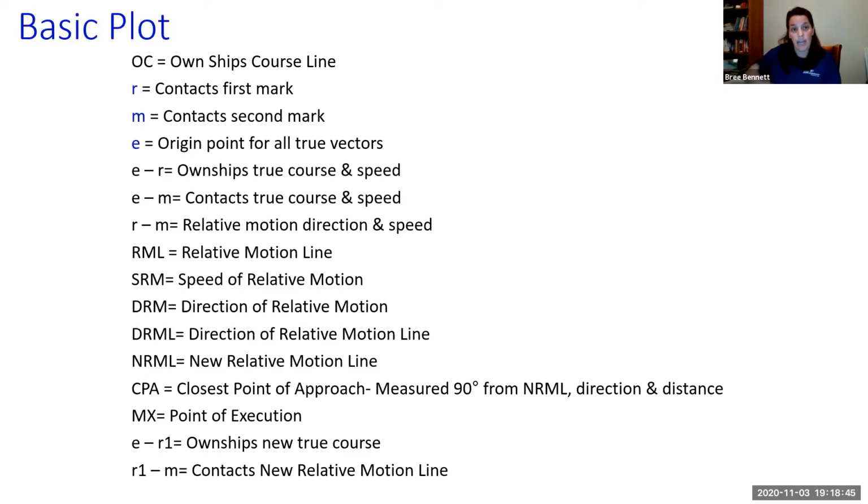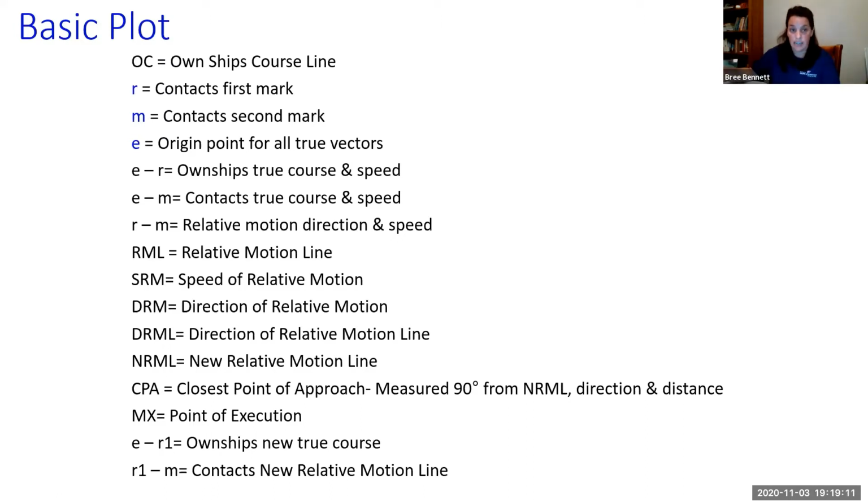And then we're going to plot the contact's first mark, which is R. Then we're going to plot M, which is the contact's second mark. And then we're going to plot E, we use our own ship's vector to plot where E is, and that's our origin point for all the true vectors. So we can create that triangle and get that information.